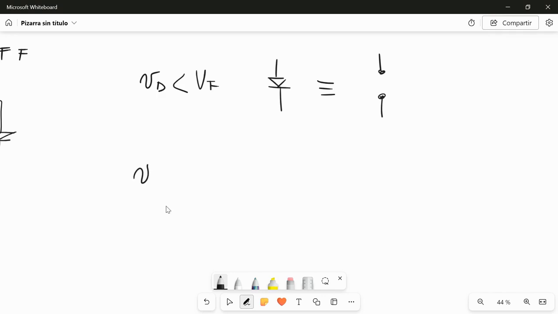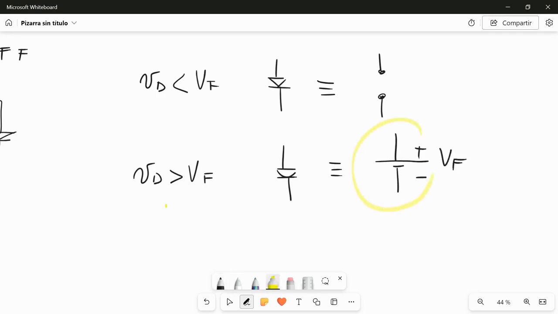And if the voltage seen by the diode is more than VF, the diode is a battery with this polarity with value VF. This battery is symbolic. This is not a power source, it just represents a fixed value.